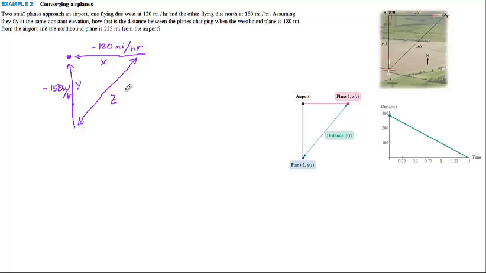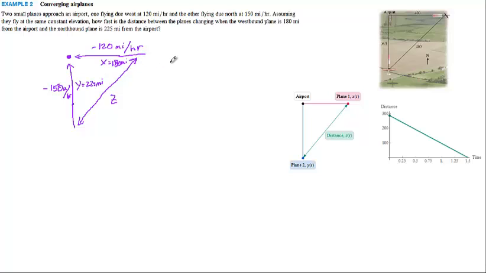I know that at a particular point in time, at just this snapshot, they want to know when the westbound plane is 180 miles from the airport and when the Y plane is 225 miles from the airport. They want to know how fast is the distance between the planes changing.